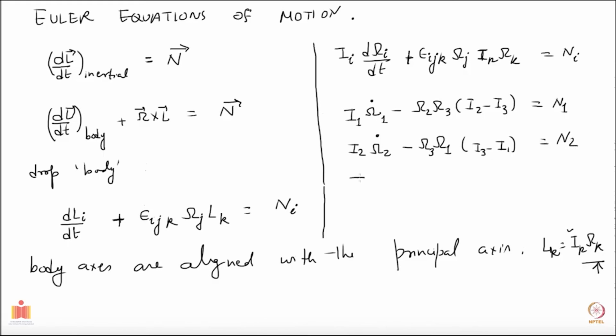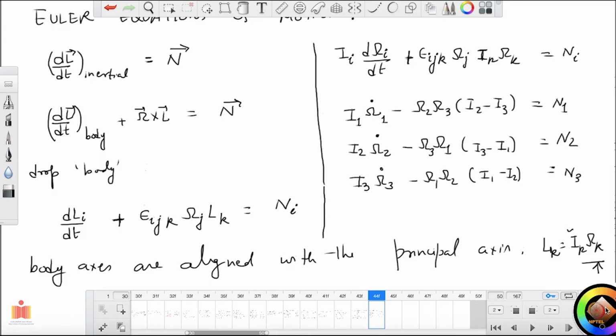And then you have I3 omega 3 dot minus omega 1 omega 2 (I1 minus I2), and this will be N3. Please try to do this simple algebra, and these are called our Euler equations of motion.